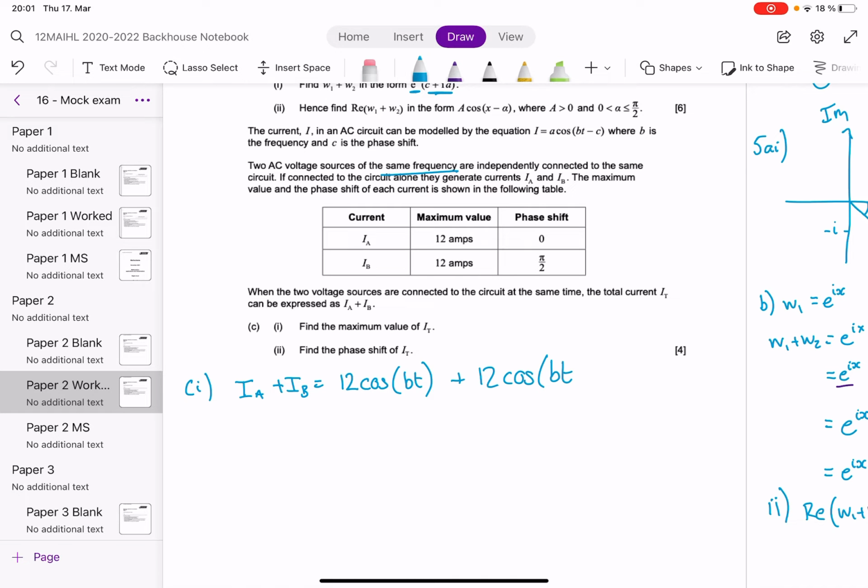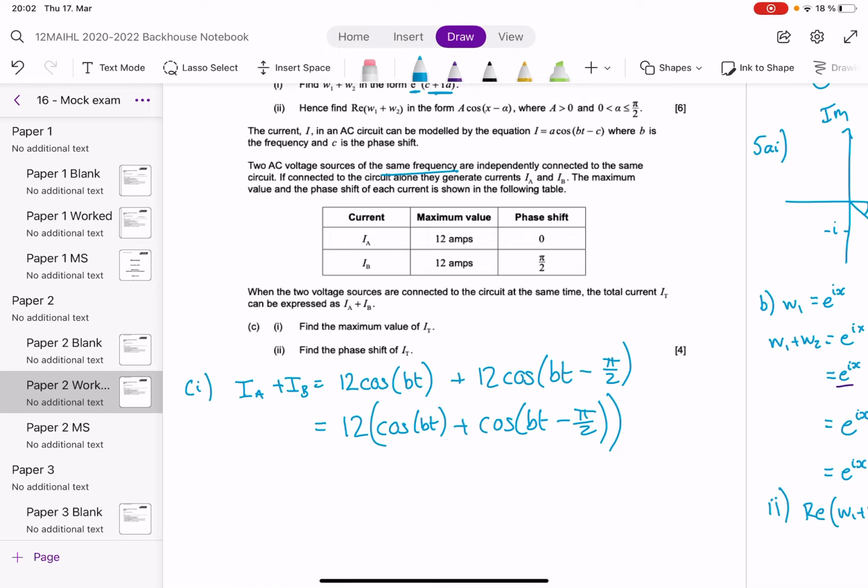But this time we're going to have to subtract pi over 2. Okay, so I think we could probably combine these, couldn't we? 12 cos BT plus 12 cos(BT minus pi over 2).